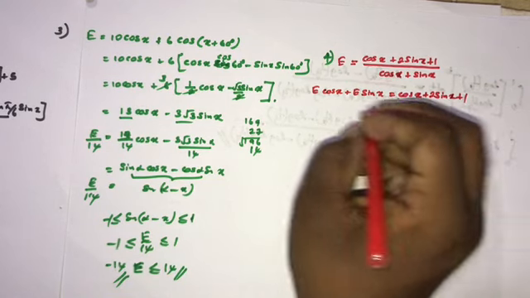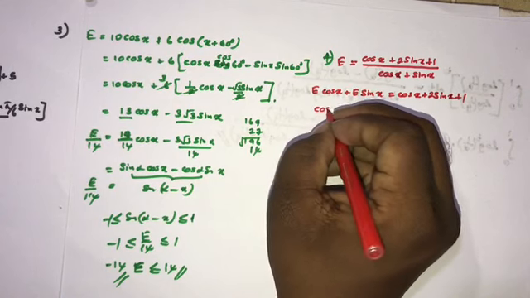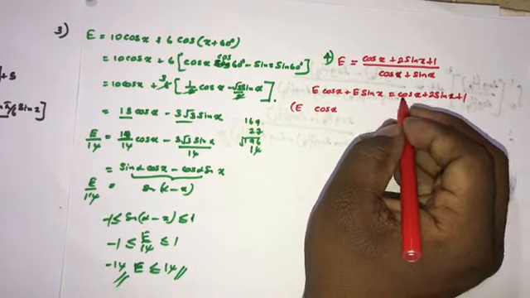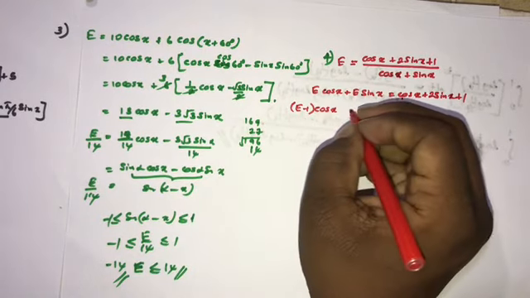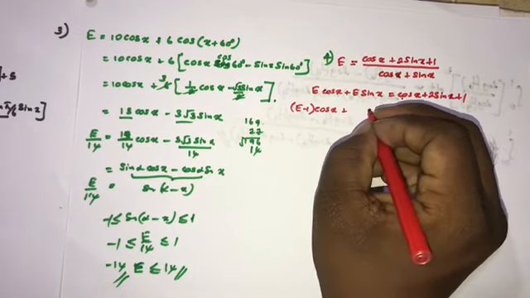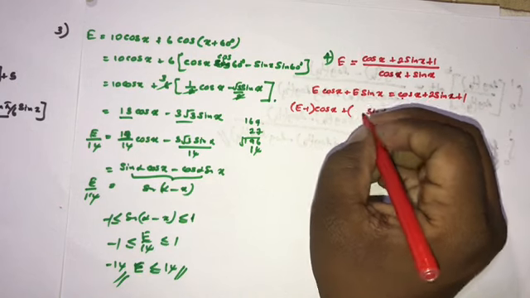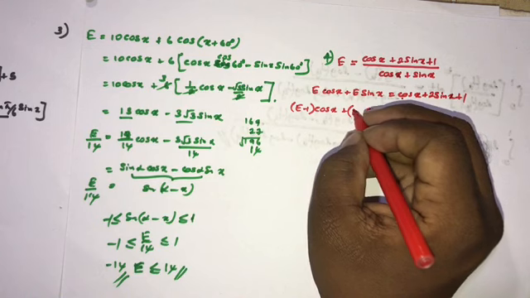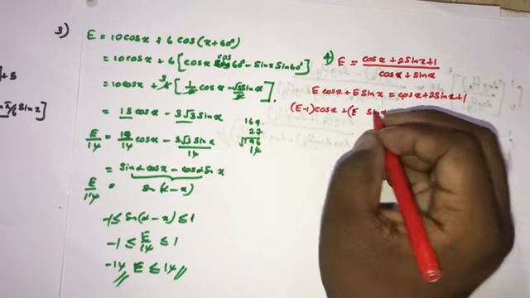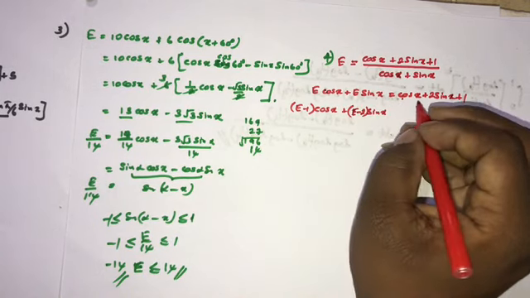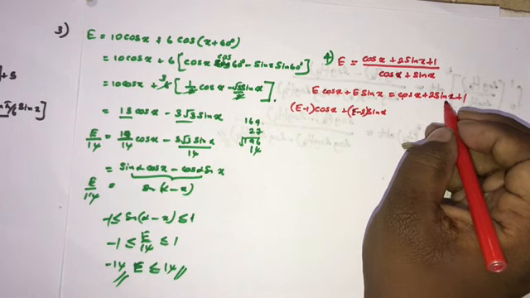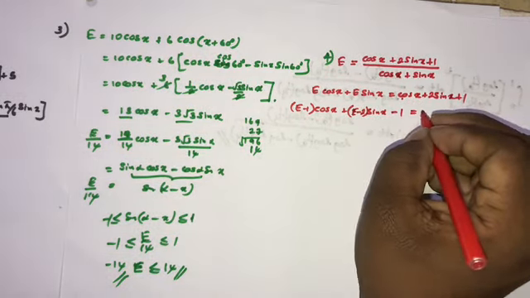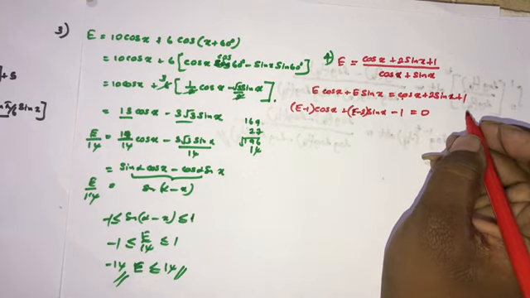x plus 1. Now I am going to take cosine of x as a common factor, so here E minus 1, and then I am going to take sine of x as a common factor, so here we have E minus 2, and then we have minus 1 is equal to 0.